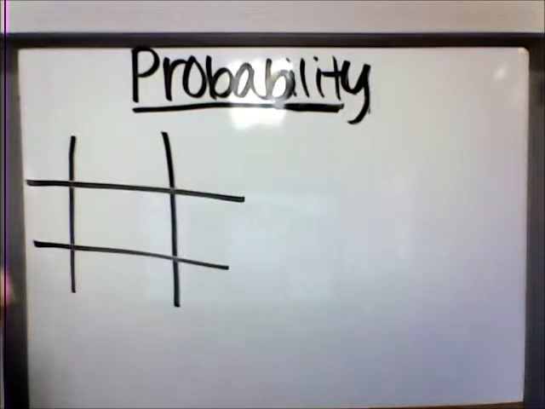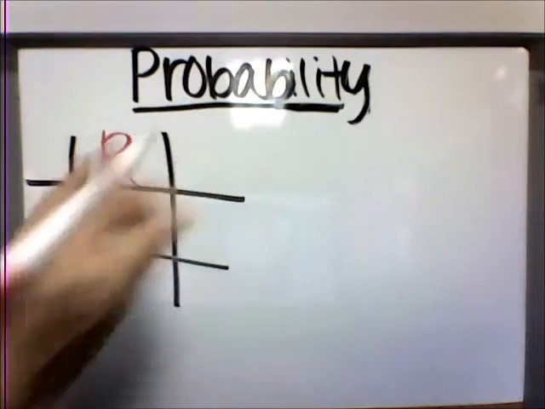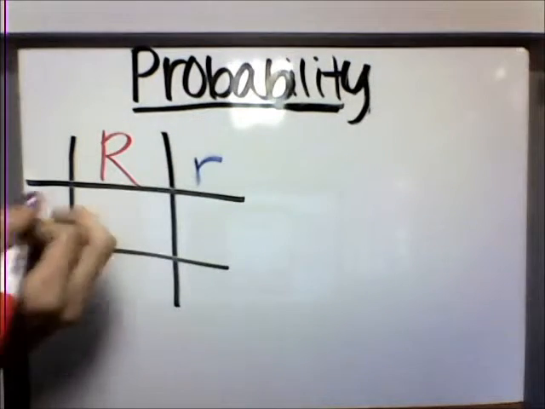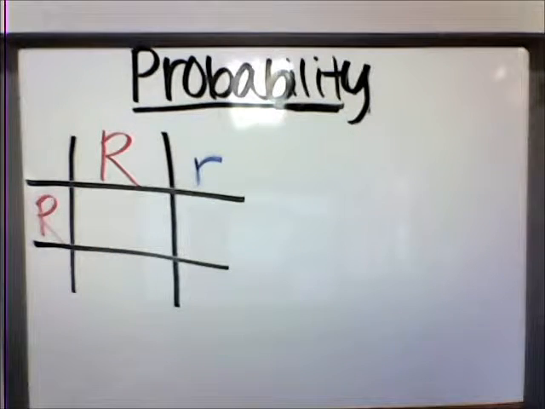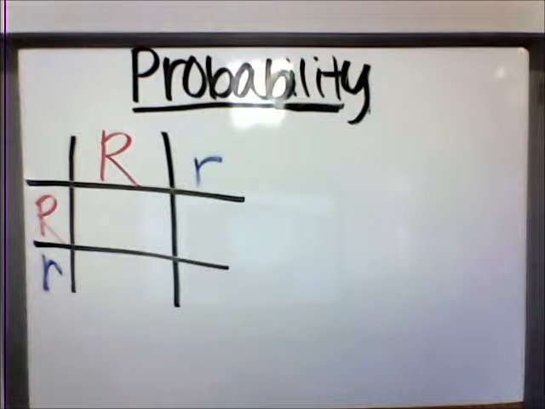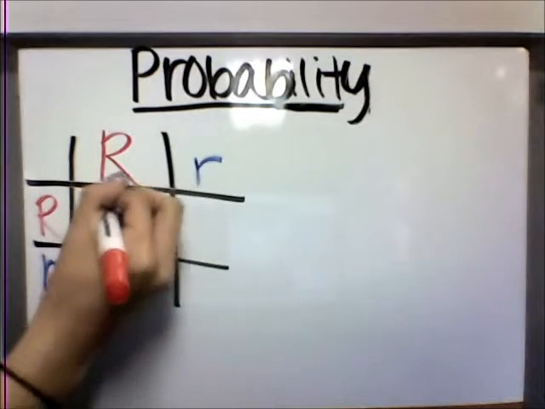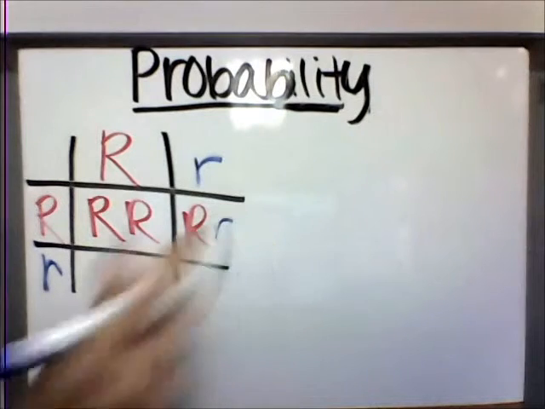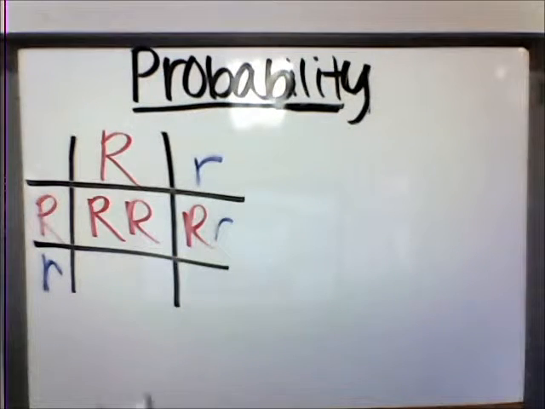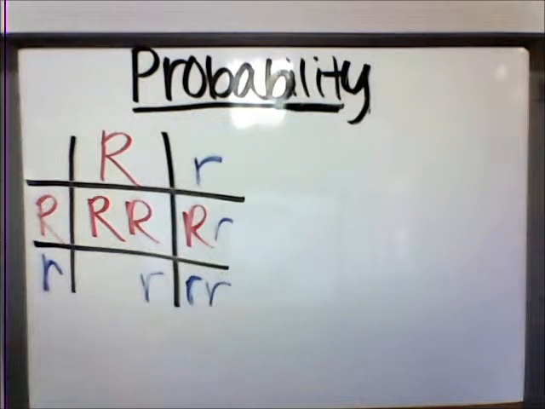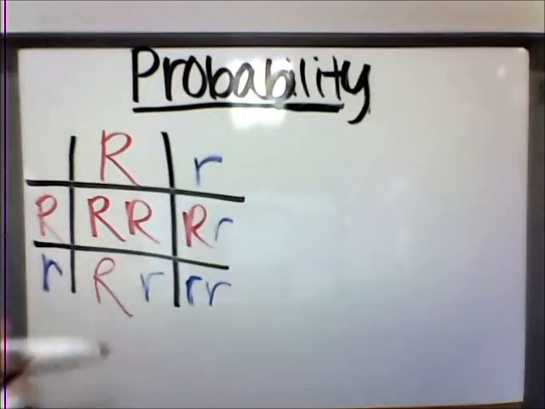When you cross a pink flower, which has the dominant gene of red and the recessive gene of white, crossed with another pink flower, when you cross them together, to find out the probability of how likely you will get each type of flower, it ends up looking like this.